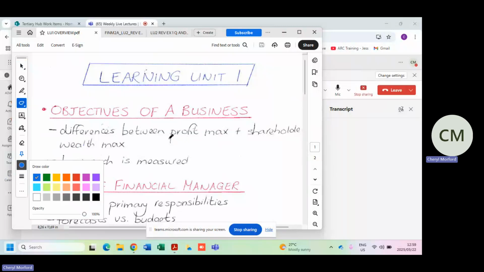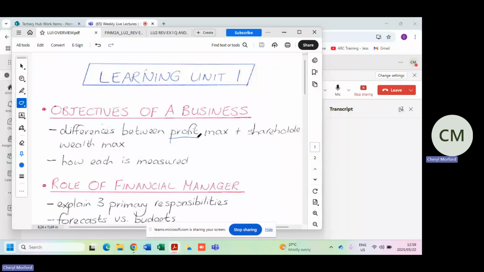So one of them is maximizing profit, and the other one is maximizing the wealth of the shareholder. So you need to be able to explain the meaning of both of them. And you need to be able to say how each is measured, and in particular, which one of the 2 objectives is followed in accounting and which one we will be following in financial management.